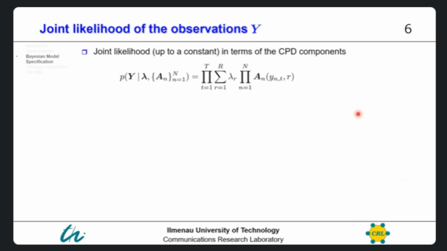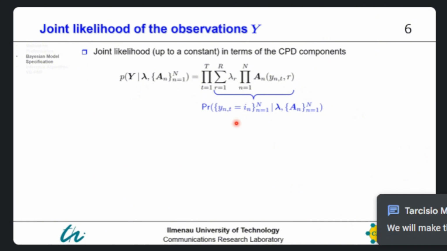So now let's look at the Bayesian model specification. The first thing we need to do is to specify the joint likelihood of the observations Y, which is given by this equation here, which we saw before. The part in blue is the probability of one particular observation given the CPD components.